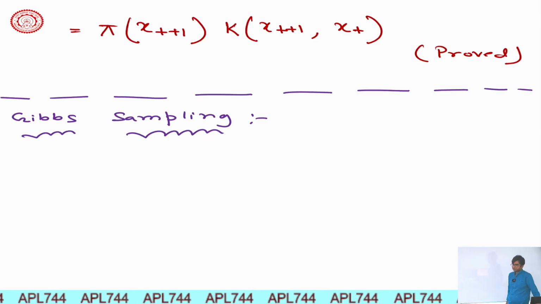Now, can you think of any limitation of Metropolis Hastings and Metropolis algorithm, specifically Metropolis Hastings algorithm? Is anything coming to your mind?